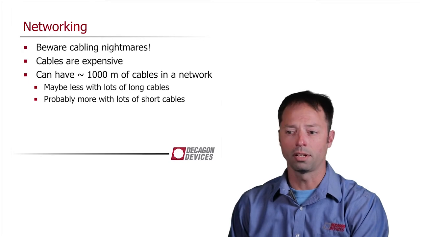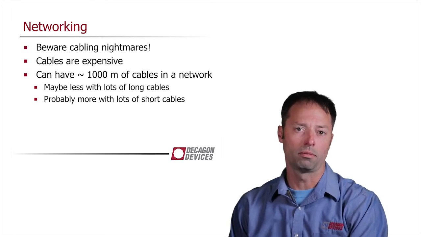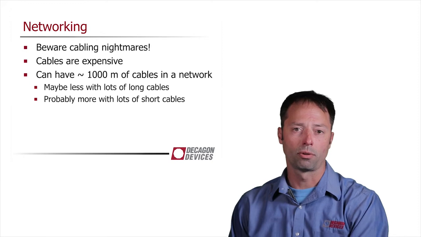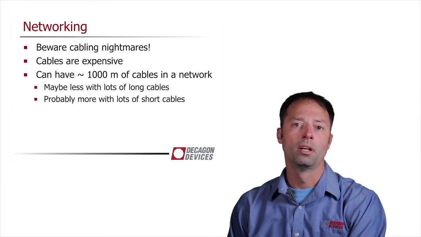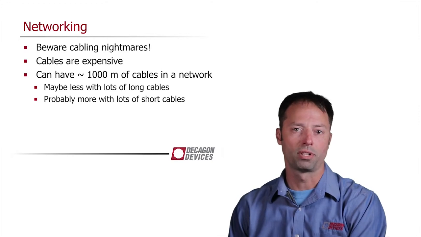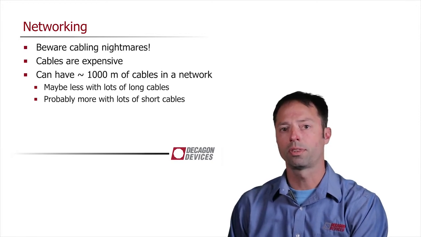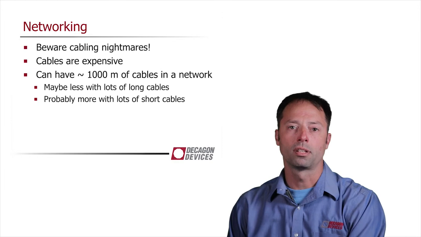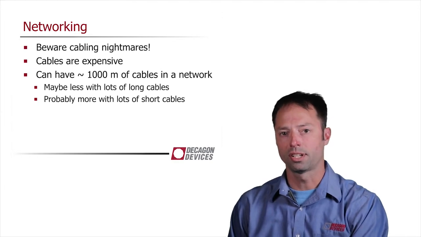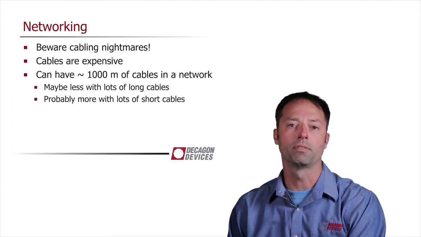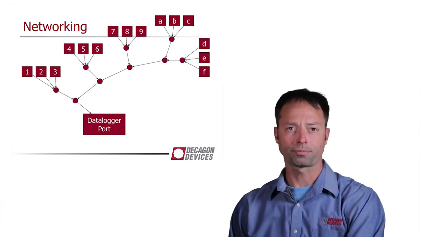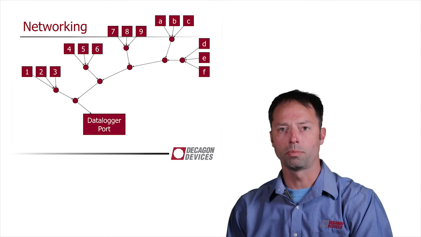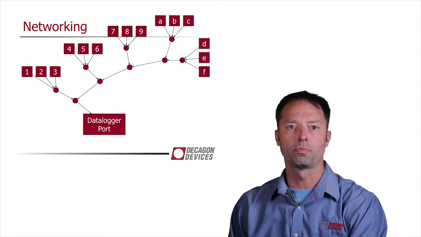Decagon sensors have a lower impedance than most SDI-12 sensors, so you could probably get away with longer cables with our sensors than if you have sensors from a different manufacturer. Again, check with the manufacturer and www.sdi12.com if you have questions here. Okay, but you do get the potential to have very dispersed networks.